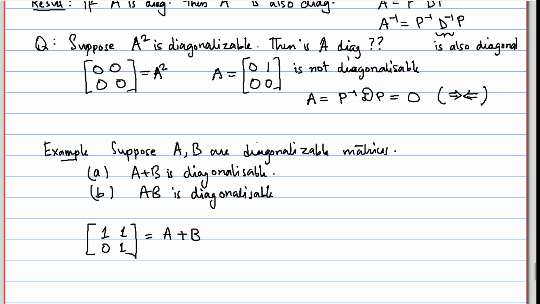But for that we need to find diagonalizable matrices A and B. If you look at this matrix, let's take A to be 1, 0, 0, and say half. And B is 0, half, 0, 1.